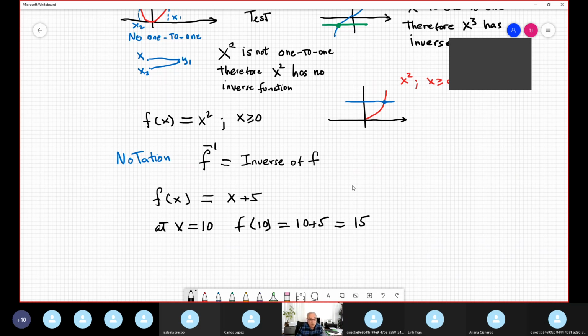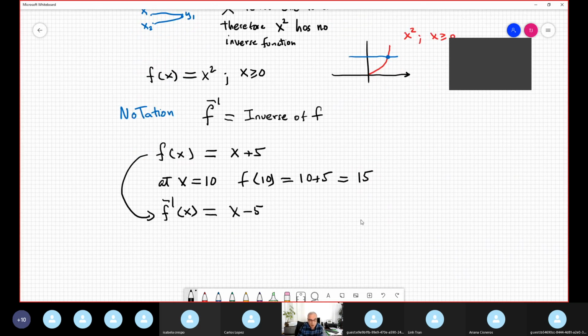So the inverse function associated with this one is subtracting 5. Therefore, if you plug into the inverse function 15, the answer from the direct function, you have 15 minus 5, get 10.